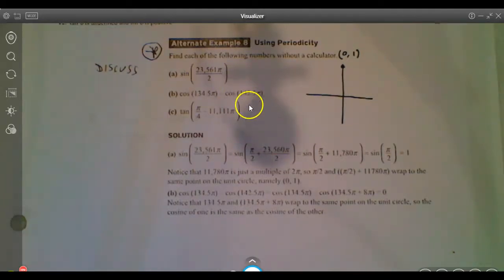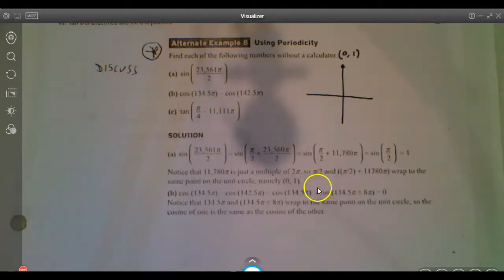So all this is about trying to somehow get these guys connected. What they did on this was they took the 142.5. This is 8 units bigger than this, right? They have a difference of 8. So they said, what if we can rewrite this as simply 134.5 plus 8, right?